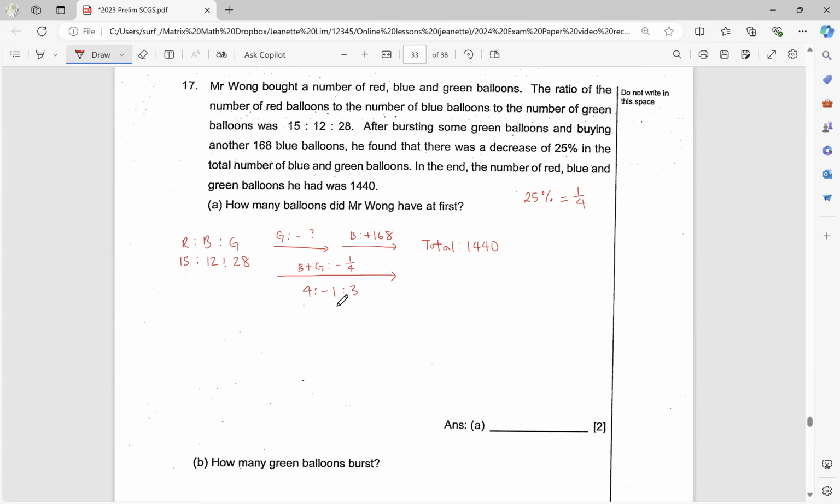This ratio has before, change, and after for the total of B and G. So I need the before for B and G. Here, blue and green is 12 plus 28, which is 40. The total number of units at first for B and G should be 40 as well. That's what I mean by making the common base the same. So it becomes 10.